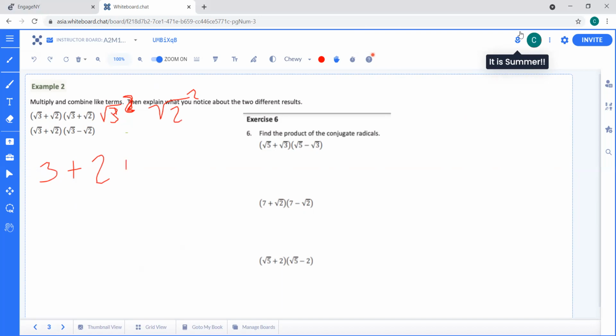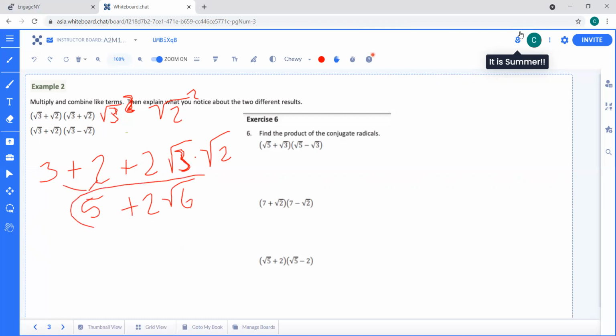So it's going to be plus 2 square roots of 3 times the square root of 2, which is 2 square root of 6, plus 5 when we combine these two. So there's 5 plus 2 square root of 6.